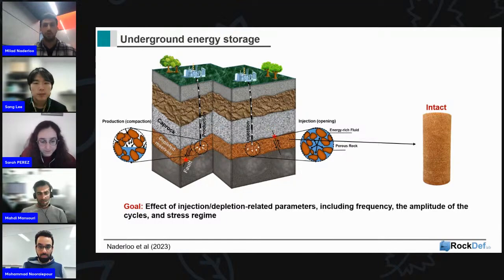That is important. Or the amplitude. You are storing with the same amplitude and depleting with the same amplitude, but after 2 years the city is bigger, we need more energy. Let's store more and inject more. Then you increase the amplitude. That's going to play a role. Or the reservoir that you are working on: is it a high stress regime or low stress regime, how deep it is. So these are the important things.